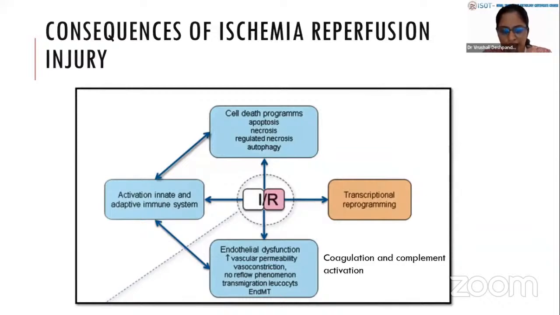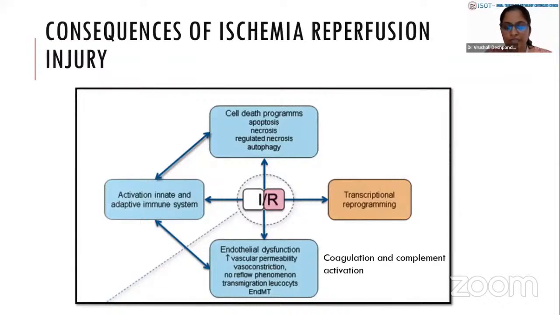Because of the ischemic insult, there is increase in the vascular permeability, leakage of fluid in the surrounding interstitium, interstitial edema, and there is a failure of the vascular pericytes to relax. They are more prone to vasoconstriction and more prone to not get relaxed.